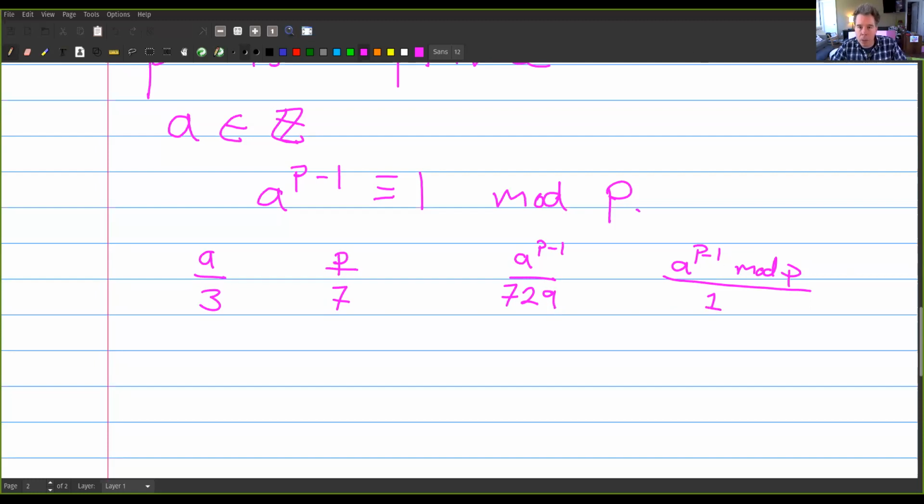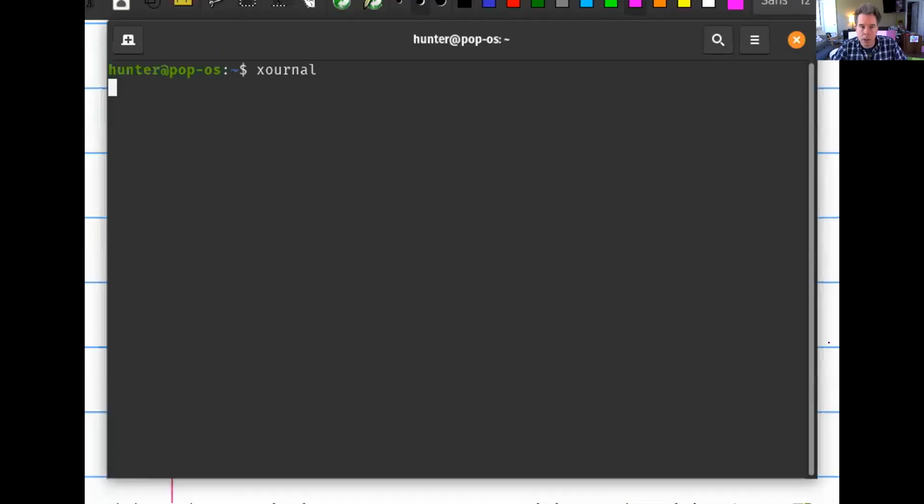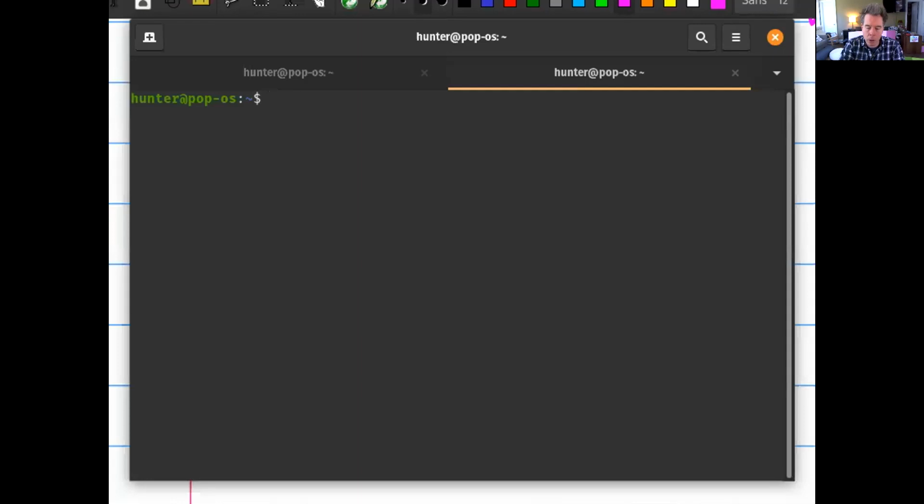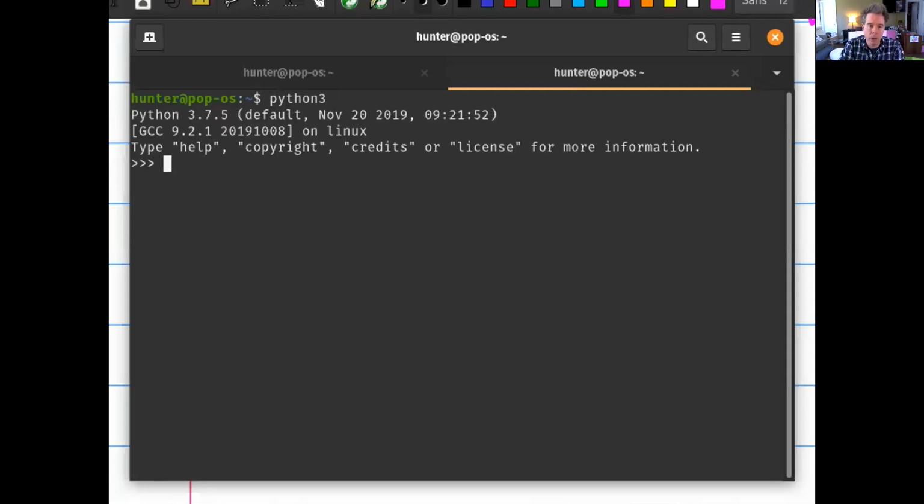Let me show you how I'm computing those in case you're curious and want to play around with it. Even though we're not using Python for this class, it's still really useful for dealing with great big numbers. So you could do 3 to the 7th power like this, and then 3 to the 7th power mod, oh, sorry, it's 3 to the 6th.